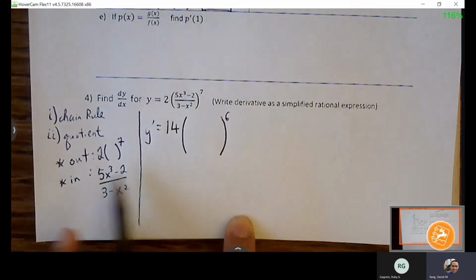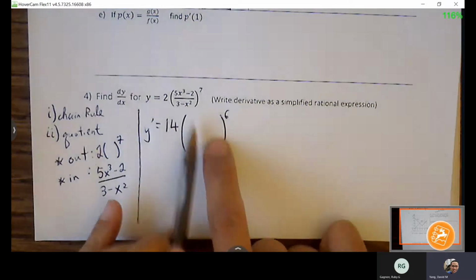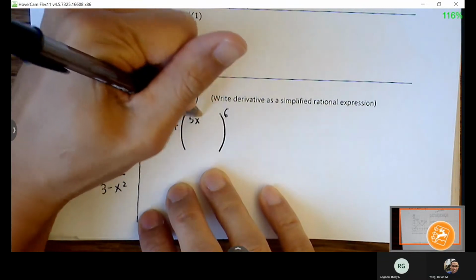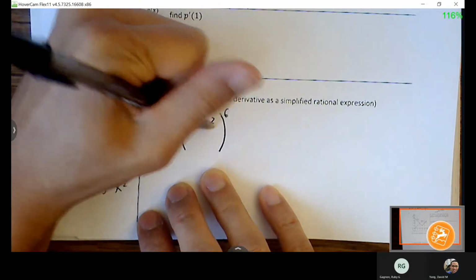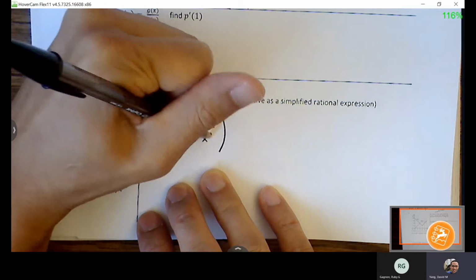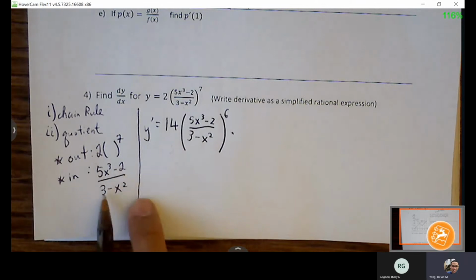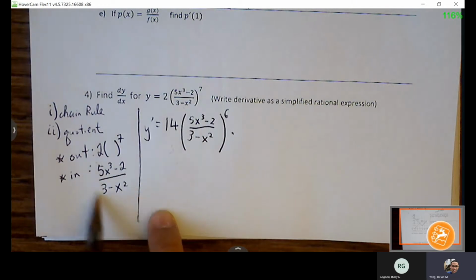We're not ready for the inside's derivative yet. So we can copy all this down from the original problem. Now that we're done with the outside's derivative, we're ready for the inside. The inside is where quotient rule is going to happen.